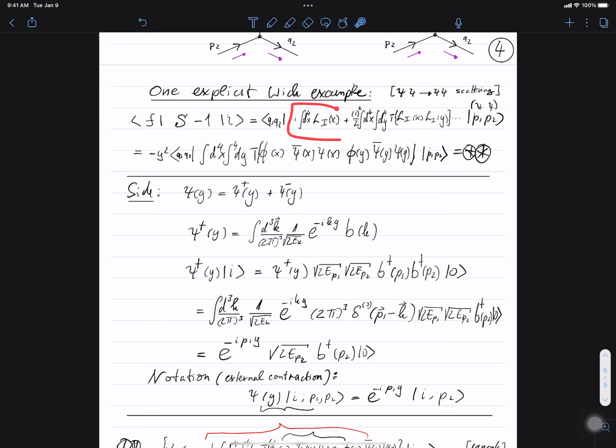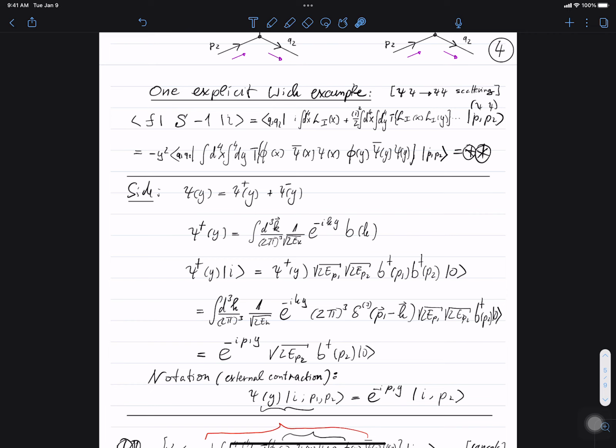Then the second term is this i times the integral over d4x of the interaction Lagrangian. The next term is the double integral of the time-ordered product of L_i at x and L_i at y. And we sandwich it between these two states that contain 2 psi particles with momenta p1, p2, and the final state q1, q2, also just psi particles.